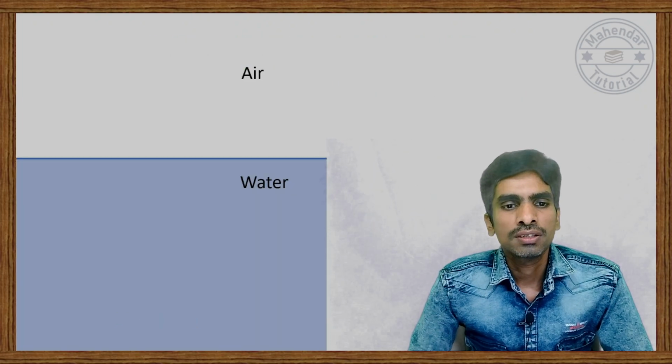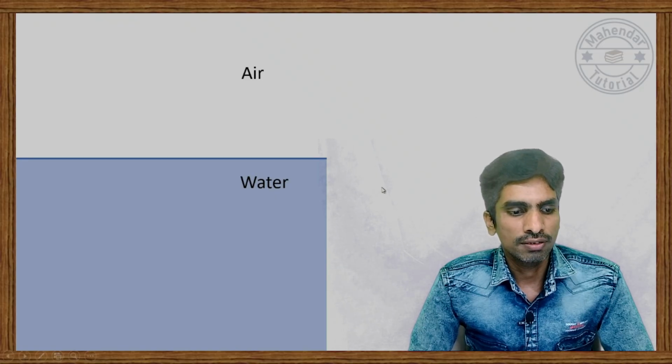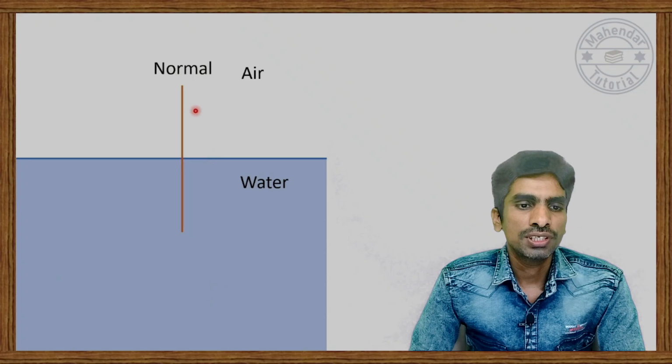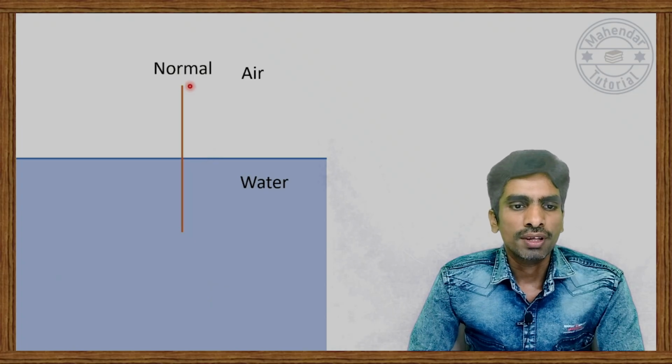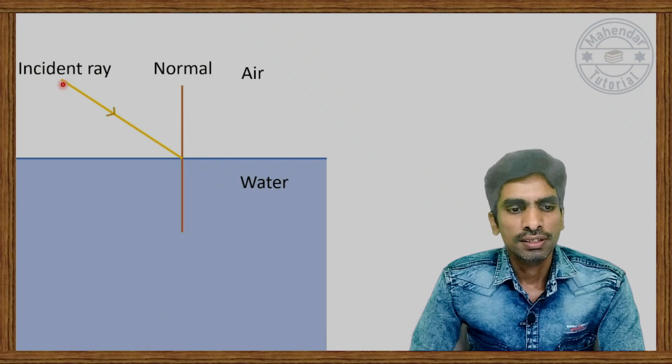Here we can see two different mediums. One is air, another one is water. The perpendicular line which is passing from air to water is known as normal. Now a ray of light falling on the surface is known as the incident ray.